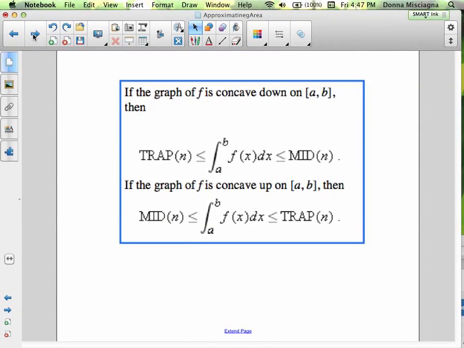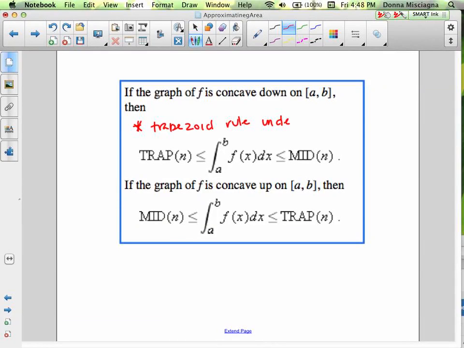So probably have that in your notes, and if you don't, this is basically saying the trapezoid rule underestimates and the midpoint rule overestimates, and that's if it's concave down.